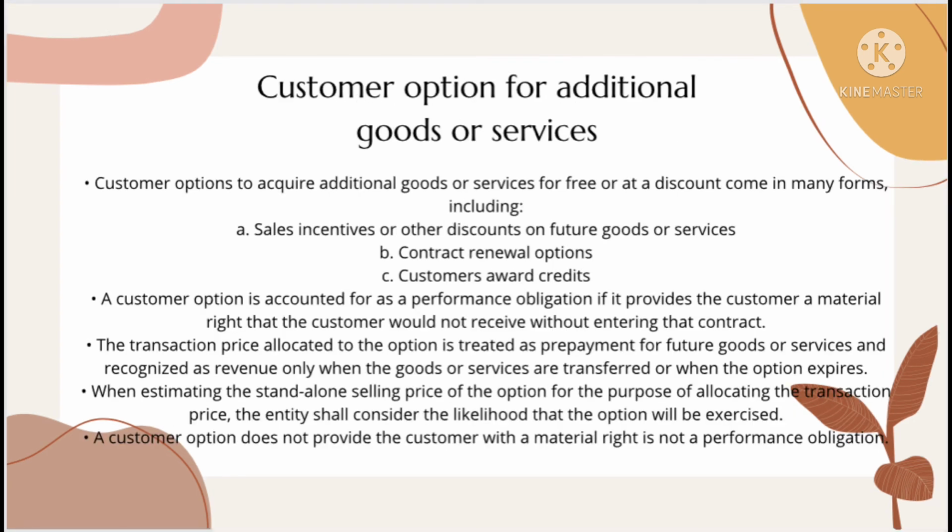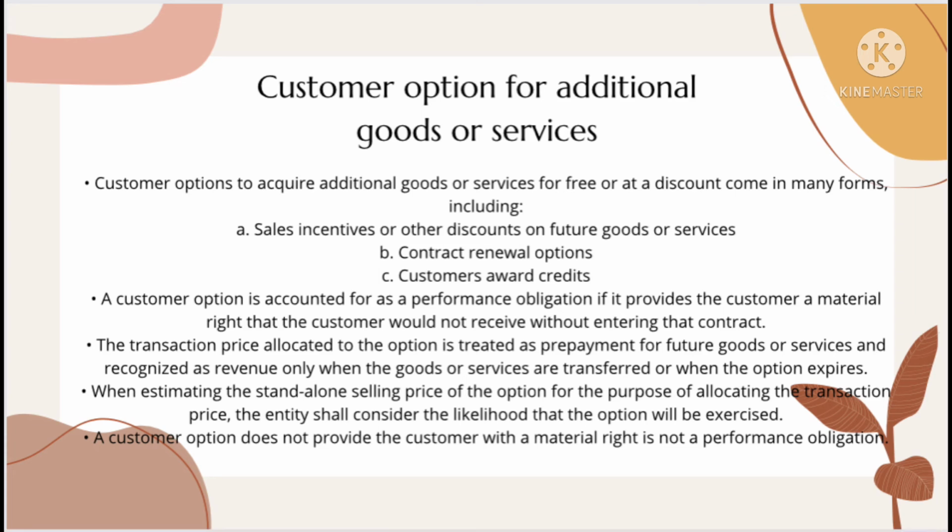Customer option for additional goods or services. Customer option to acquire additional goods or services for free or at a discount come in many forms, including sales incentives or other discount on future goods or services, contract renewal option, customer reward credits or points.